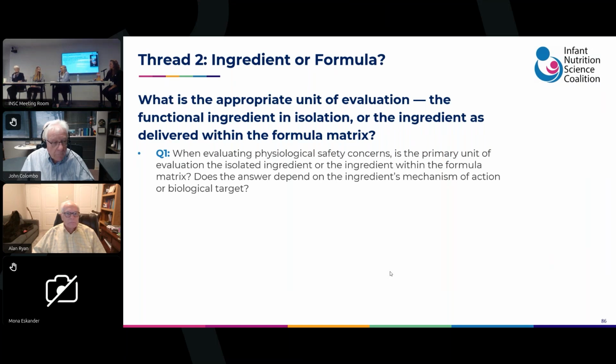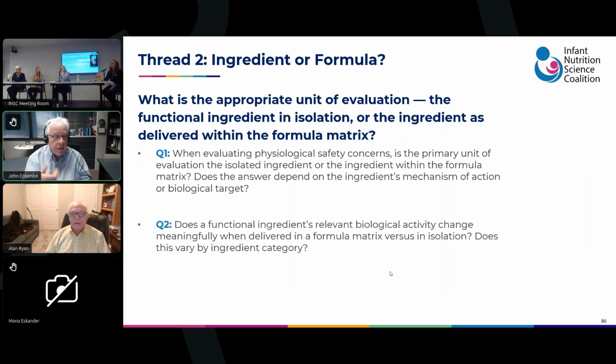Right. Leanne? Oh, John. Yeah, hi. Well, I've been involved in clinical trials of three types. I've been putting ingredients in formula, and the DHA work and MFGM work reflects that.